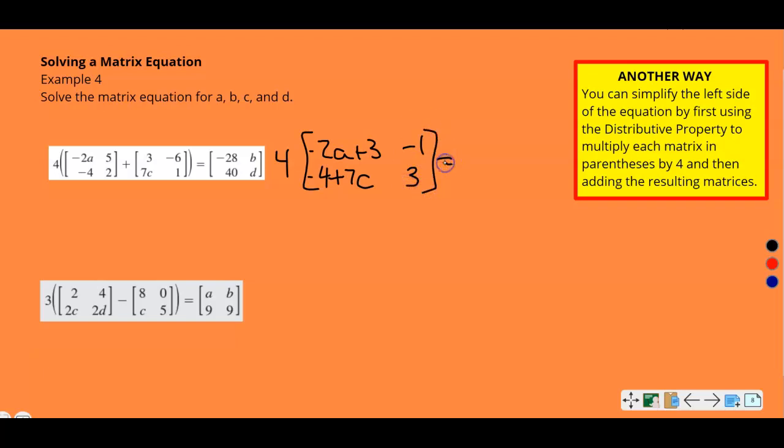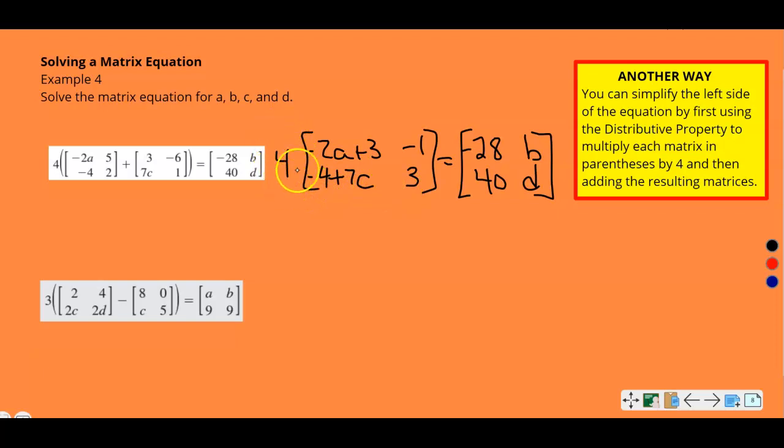And then that is still equal to negative 28, B, 40, and D.